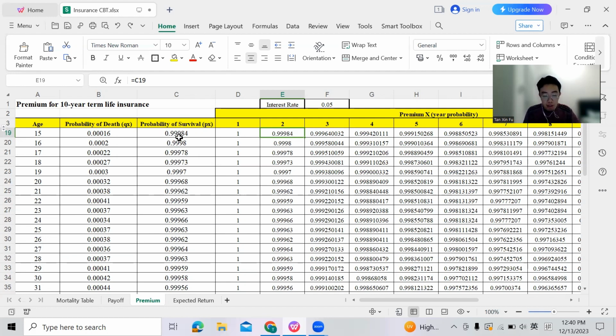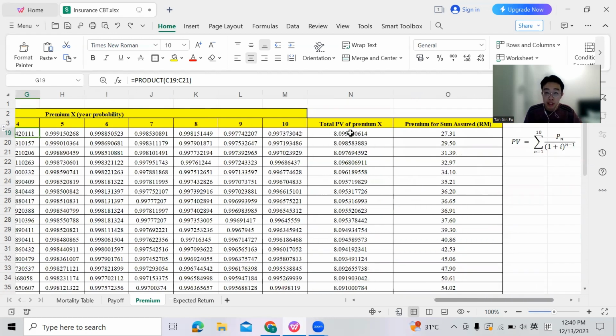Same with the third year, they have survived for 2 years, so the probability is the product of the 2 years' probability of survival. In the fourth year, we need to get the product of the 3 years' probability of survival. After finishing calculating each year's probability, we need to discount them to get the present value.